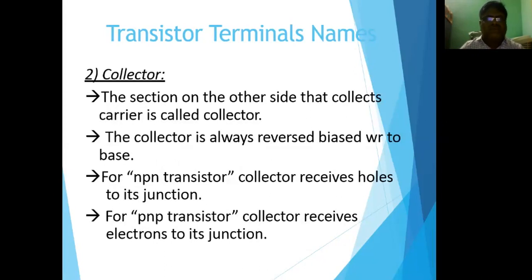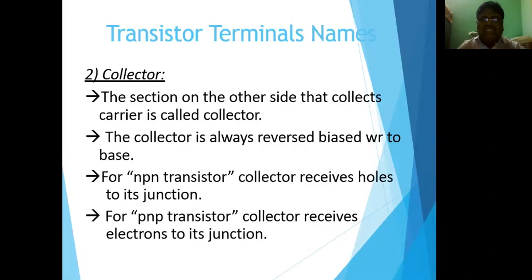Next, the collector. The section on the other side that collects the carriers is called the collector. The collector terminal collects the carriers, either electrons or holes, whatever they may be.